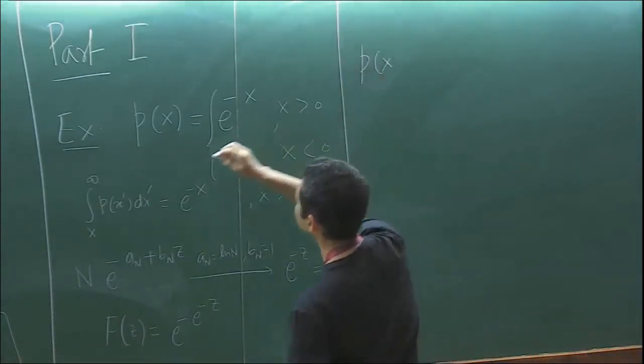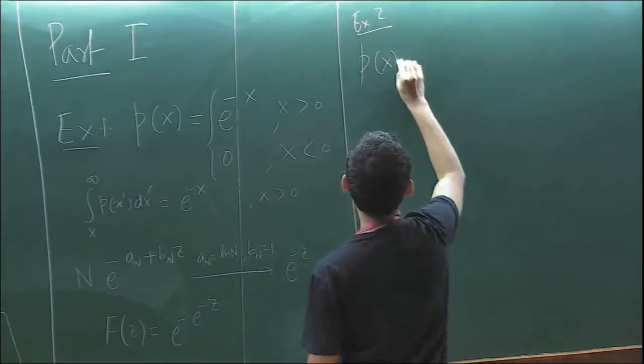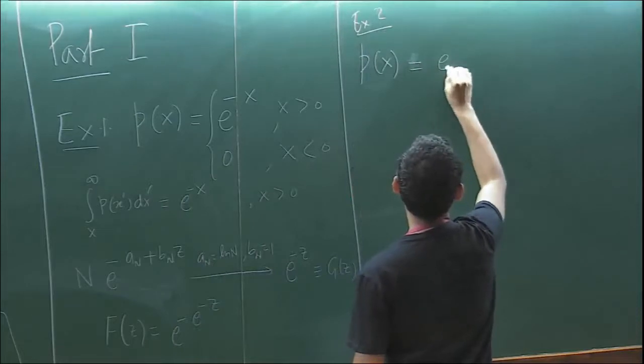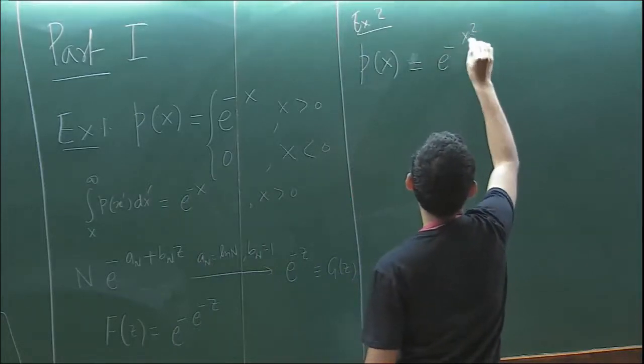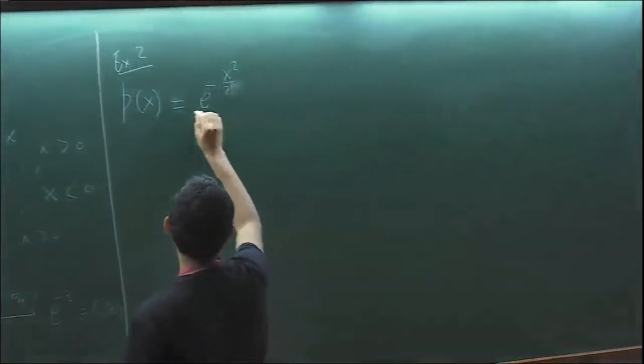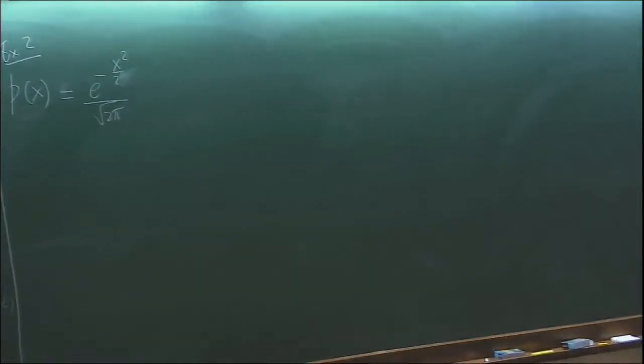This is example 1, and this is example 2: exponential of minus x squared by 2 sigma squared. Forget about sigma, because you can always rescale the variance to 1. So suppose you have this function.